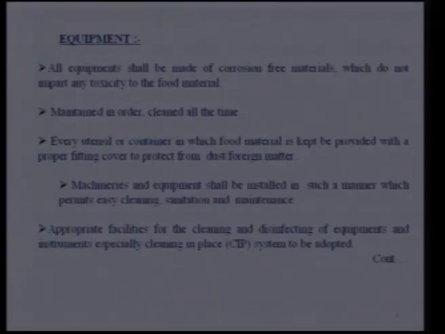It should be easily cleaned, and machinery and equipment shall be installed in such a manner that permits sanitation and maintenance, with appropriate facilities for cleaning in place for certain industries like milk processing, the dairy industry and others. In an automatic plant, a CIP, which is called a cleaning in place system, should be adopted, so that there is no chance of contamination inside the processing equipment or pipelines.